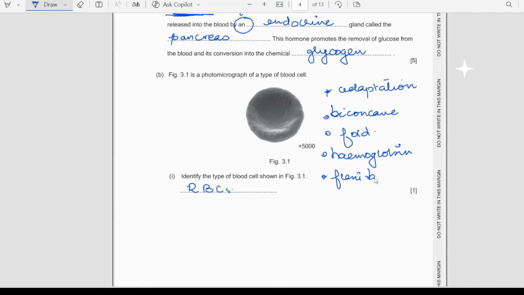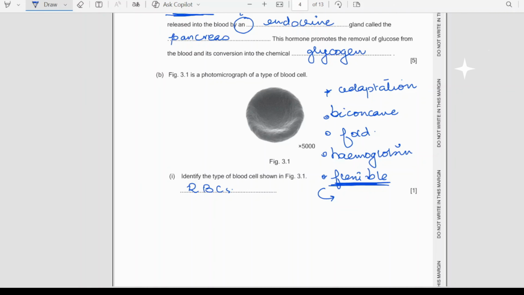Why is it flexible? Now you're missing a very important point over here. Why is it flexible? It's not about vasoconstriction and dilation. It's about the size of the capillary being so small that it has to be folded.